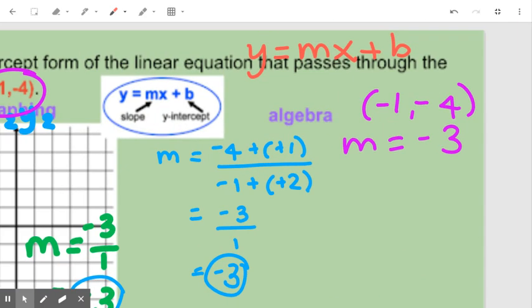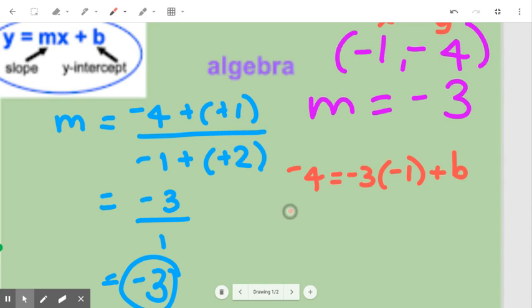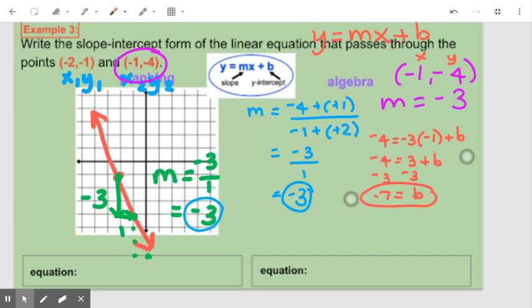I know I have my m, I know this is x, and this is y. So my equation will be -4 equals -3 times -1 plus b. So -4 equals 3 plus b, which tells me b is -7. And if you remember, that's what I thought it looked like it should be on the graph.